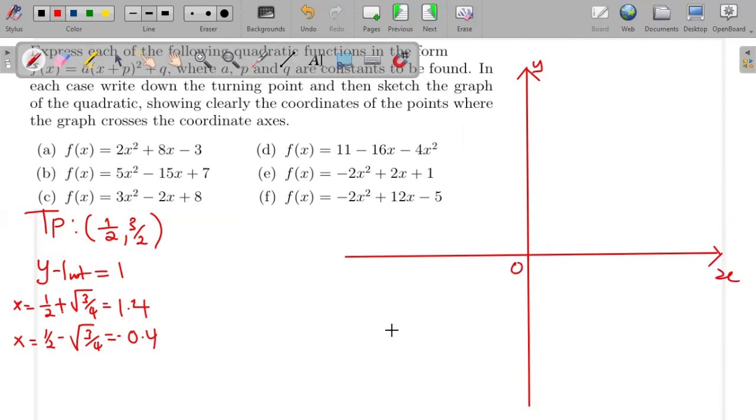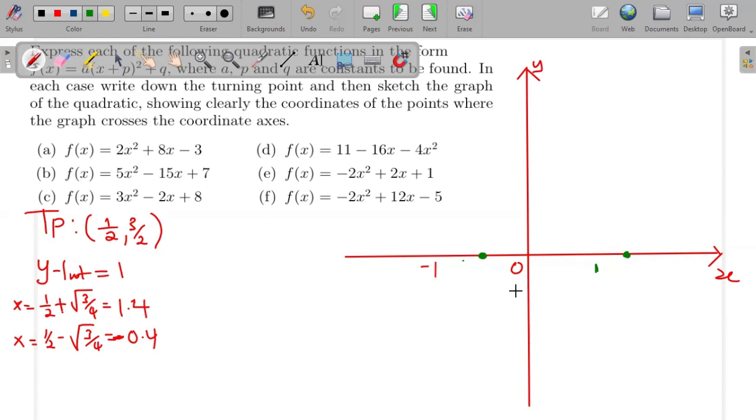So let's try to plot these points. Okay, so this is minus 0.4. So if my minus 1 is there, my minus 0.4 should be somewhere there. And then my 1.4, if this is 1, 1.4 should be somewhere there. Okay, I've plotted my x-intercepts.